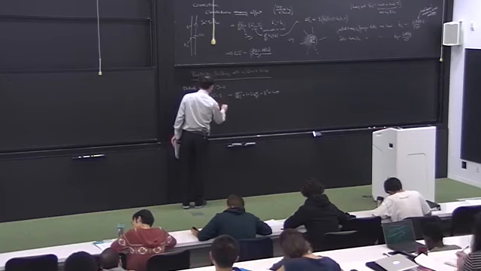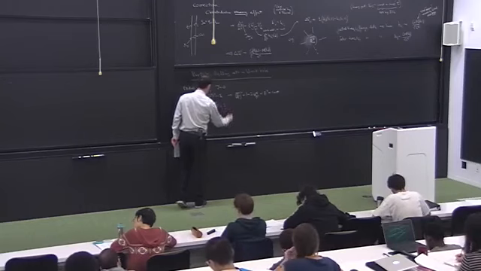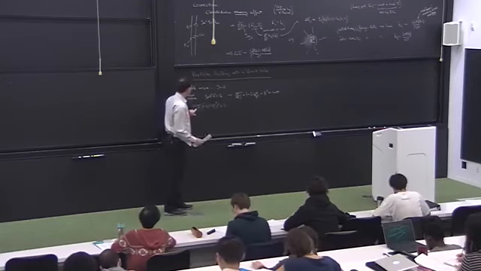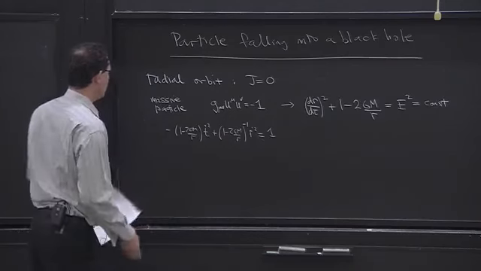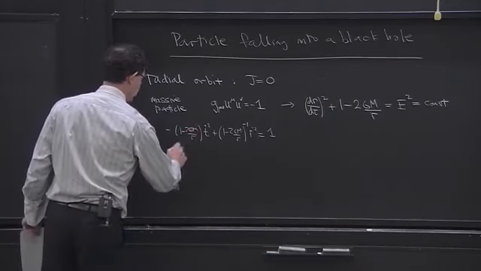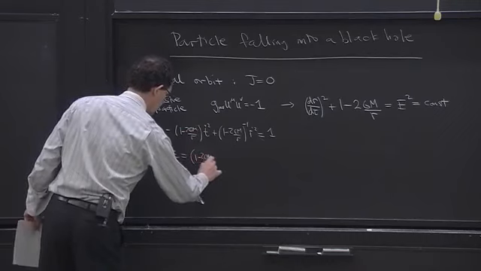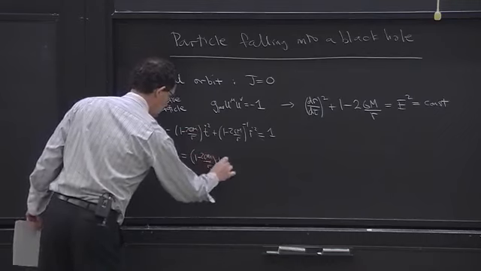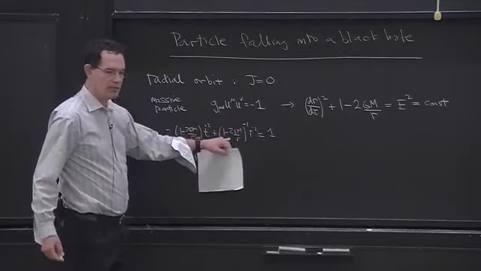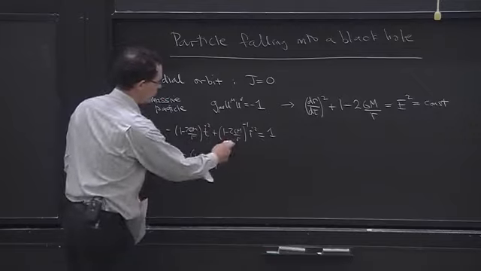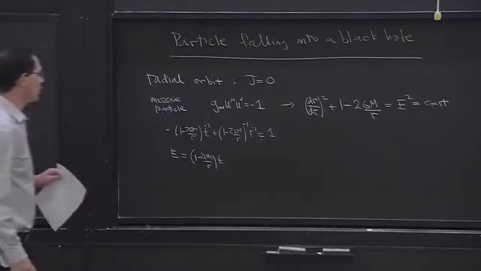For radial orbits, of course, d omega is 0. So you say the energy is equal to 1 minus 2GM over r times t dot, replace this term with E squared over this factor, multiply through, and you get exactly this formula.